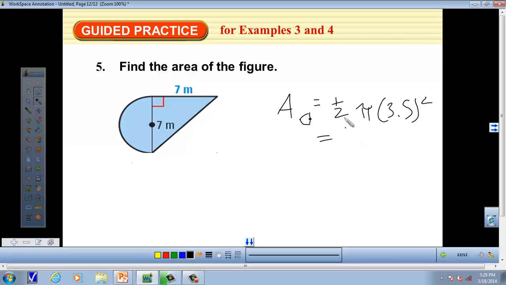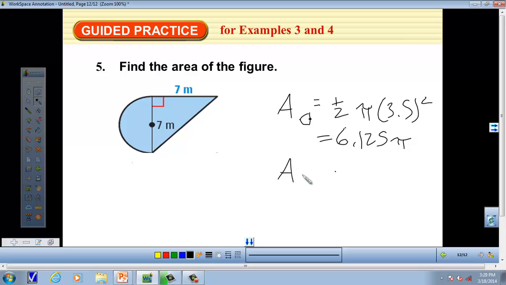Actually, let's just calculate that out. 3.5 squared is 12.25, divided by 2 gives us 6.125 pi. Let's keep it like that for right now.